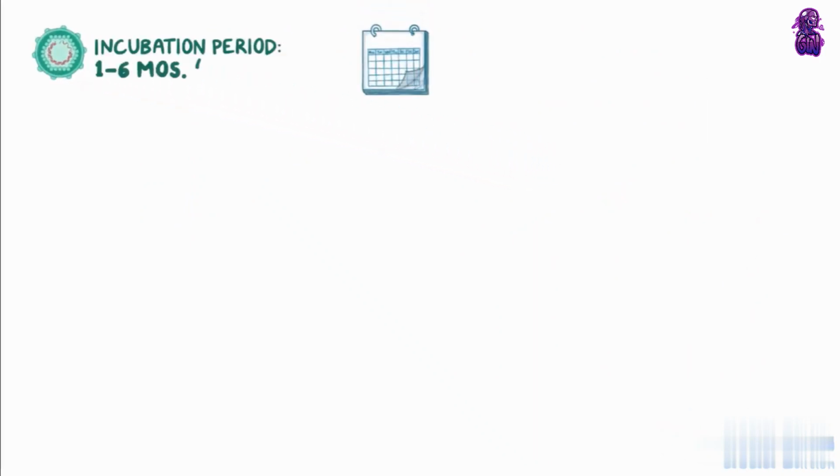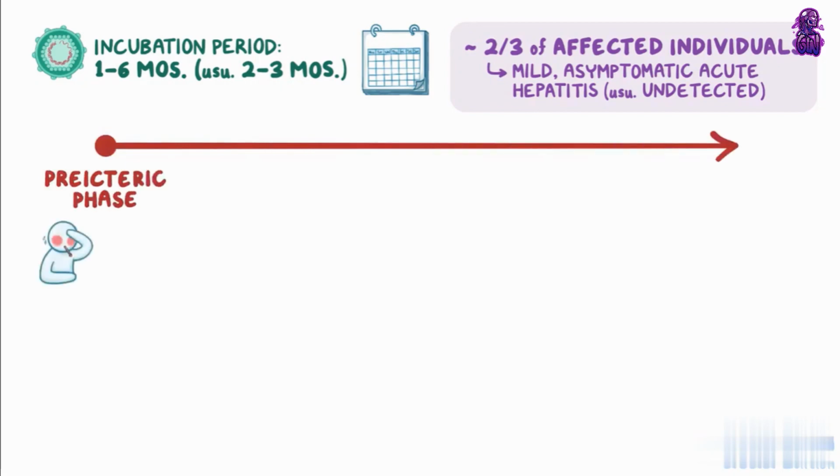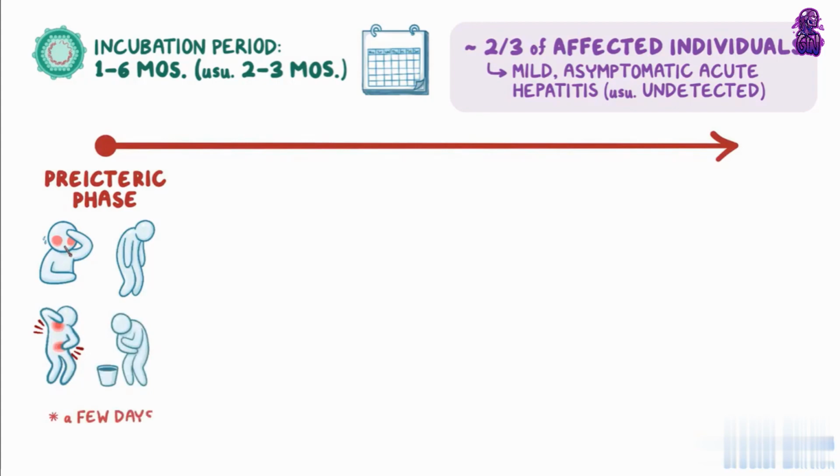Hep B has a long incubation period of 1 to 6 months, usually 2 to 3 months. About 2/3 of affected individuals develop mild, asymptomatic acute hepatitis that's usually undetected. Symptomatic hepatitis usually starts as a pre-icteric phase with fever, fatigue, body aches, and nausea. It lasts a few days to a week and is followed by the icteric phase with jaundice and dark urine.